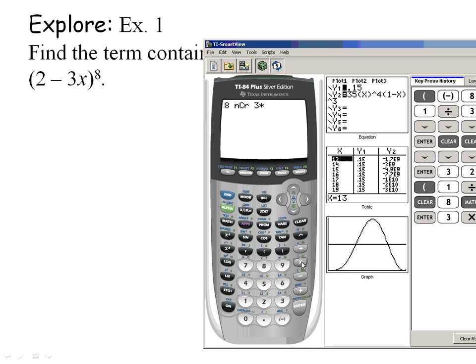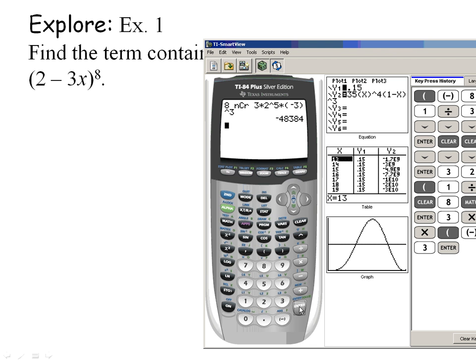And that was going to get multiplied by my a term, which was 2, and we're taking that to the power of 8 minus 3, or n minus r, which in this case is 5. And I'm multiplying that by our negative 3x. Well, I'm not going to put the x into the calculator, but I will put the negative 3 into the calculator. And that is all to the r power, which we said was 3.